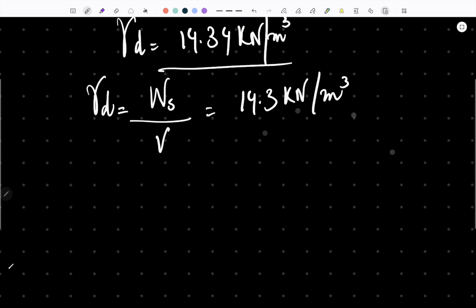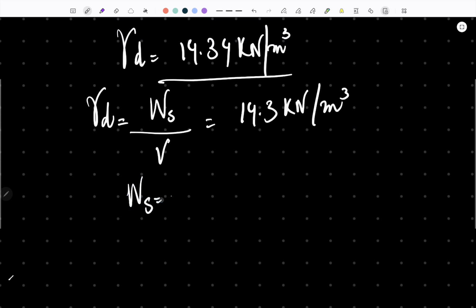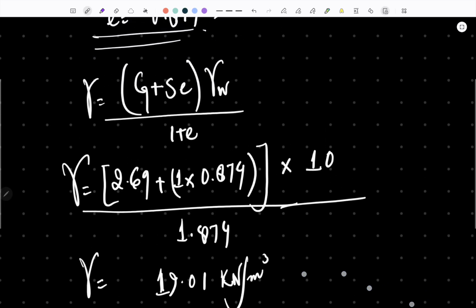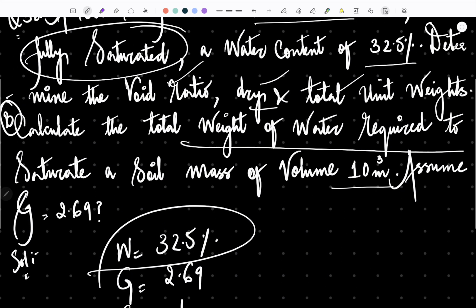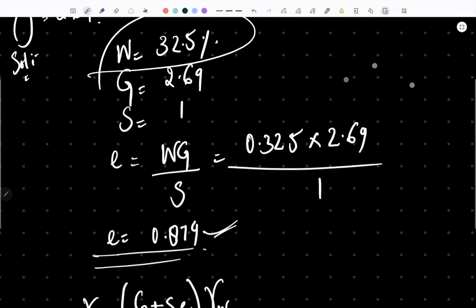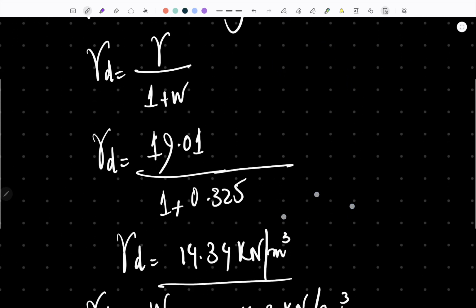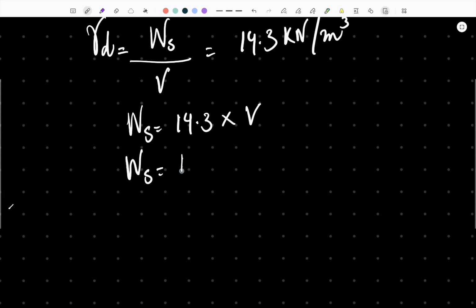So this is equal to 14.3 kilonewton per cubic meter. Can I write this is equal to weight of solids divided by V? We have been given a volume of 10 cubic meters. So it is 14.3 kilonewton per cubic meter multiplied by 10 cubic meter.